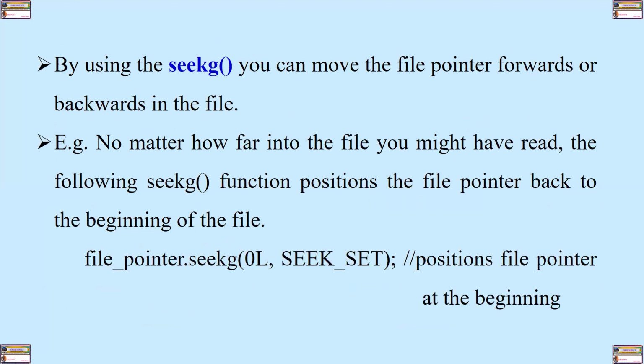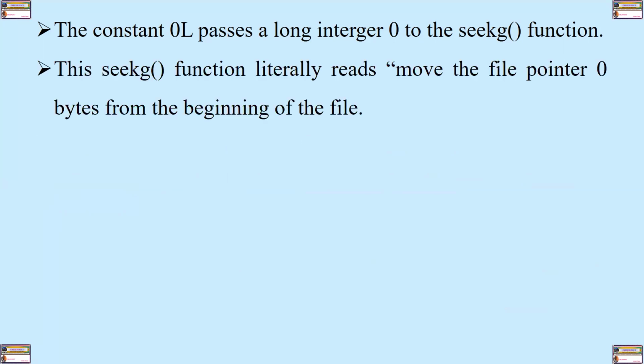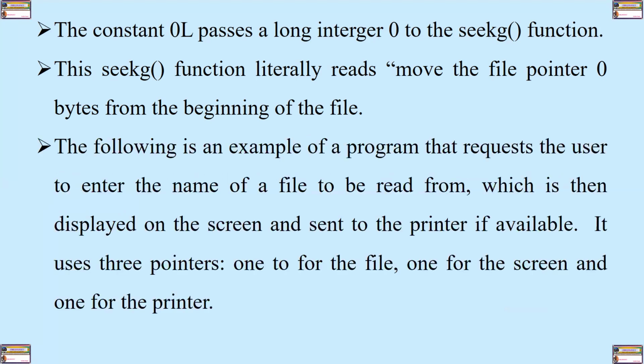File pointer seekg(0, 0L, seq_set), which positions the file pointer at the beginning, that is 0 bytes. The constant 0L that we have seen passes a long integer 0 to the seekg function. The seekg function literally means move the file pointer 0 bytes from the beginning of the file.